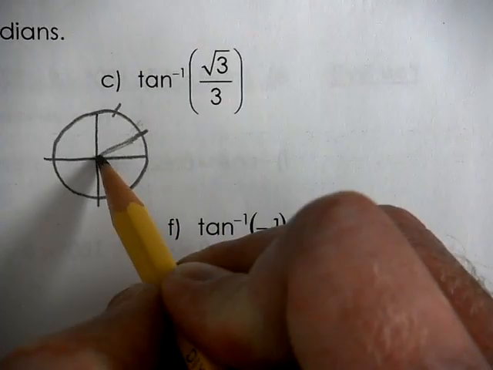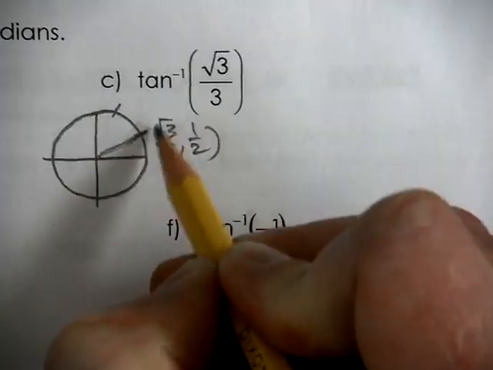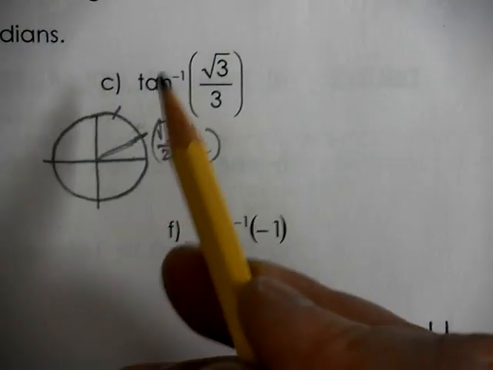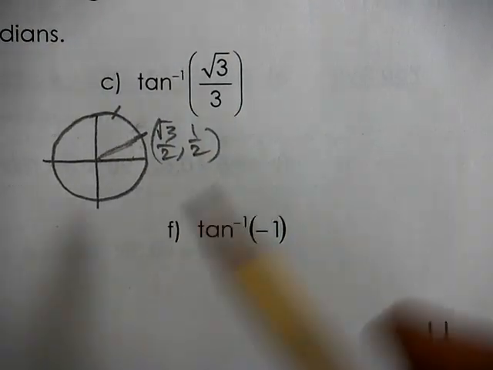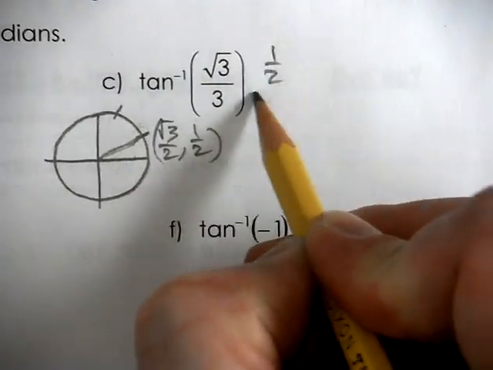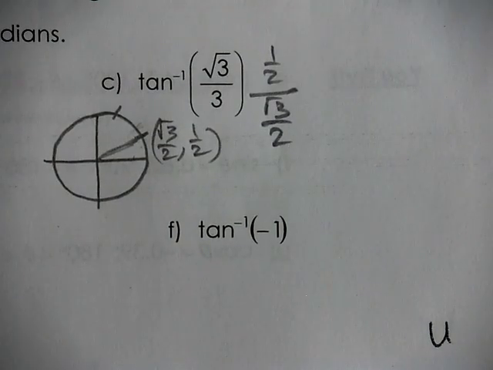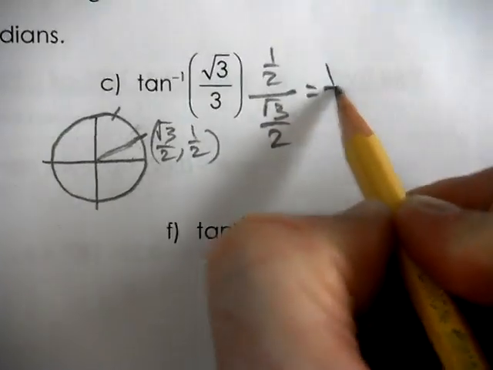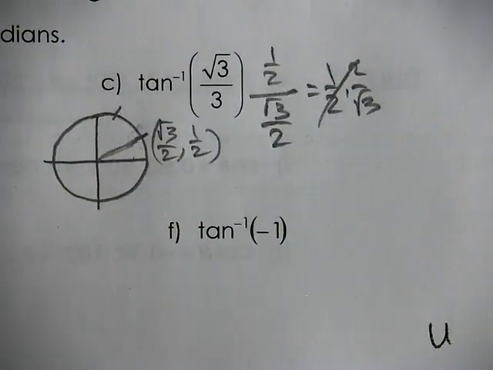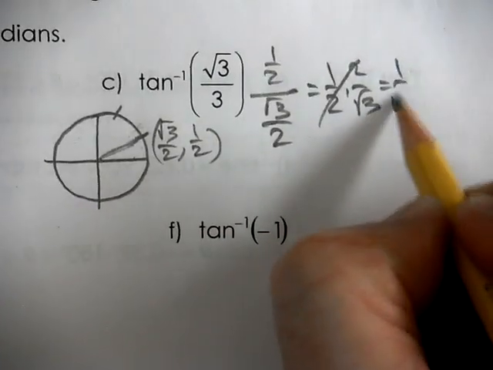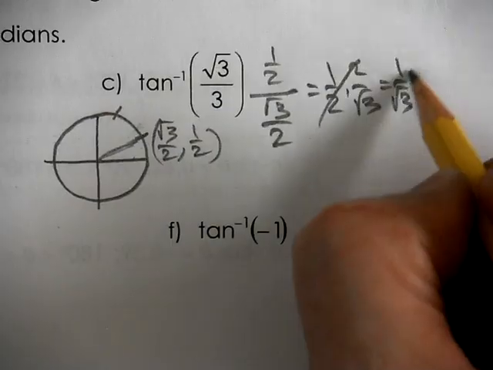I'm telling you that it's going to be long, short. We know it has to be the first quadrant because tangent's supposed to be positive. And when we test this, the y value over the x value, we take a half times 2 over root 3, cross the 2's out, so we get 1 over root 3, and you know we need to rationalize that denominator.